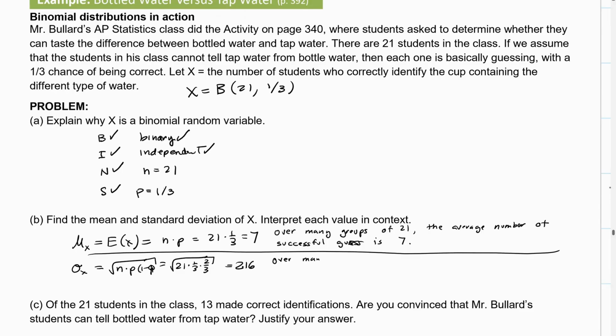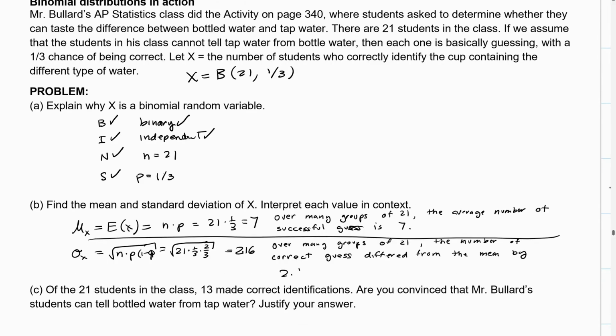But over many groups of 21, the number of correct guesses differed from the mean by 2.16 guesses on average. There we go. There's our descriptions.